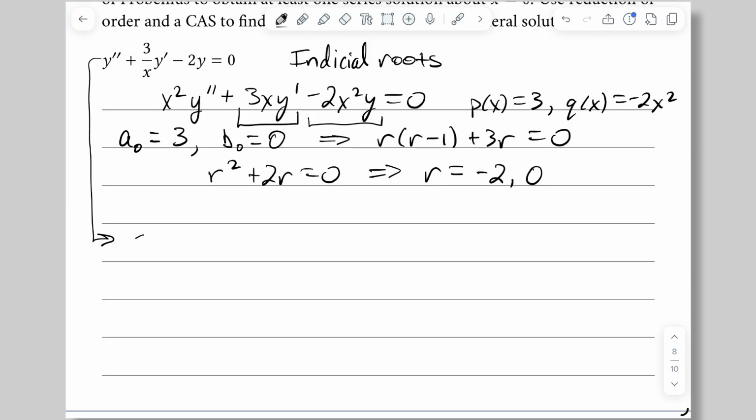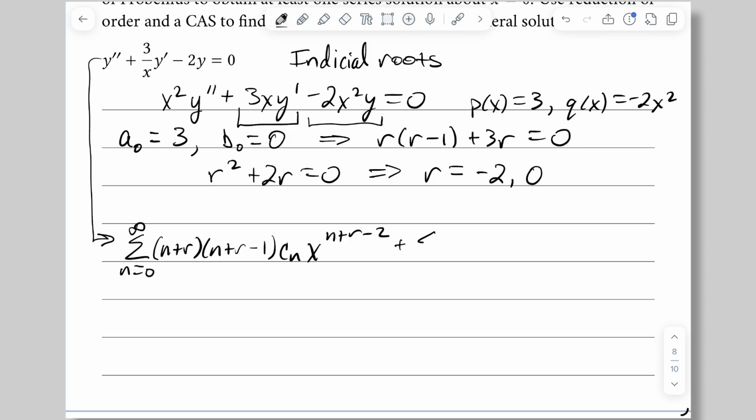For y double prime, we have the sum as n goes from 0 to infinity of n plus r times n plus r minus 1 c sub n x to the n plus r minus 2. Where we see this plus 3 over x y prime, instead of multiplying by x, we're dividing by x. So instead of adding to the exponent as we keep doing, we're going to subtract from it.